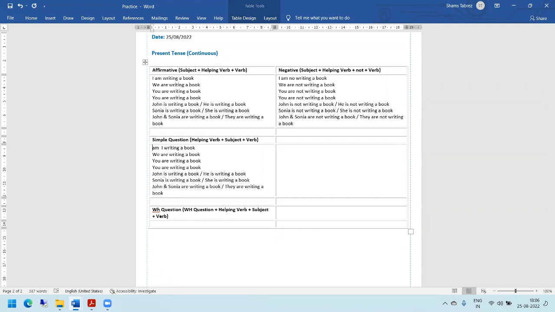And since it is the starting letter of the sentence, it should be capital. Am I writing a book? Then it should be with a question mark. So then it becomes a simple question.